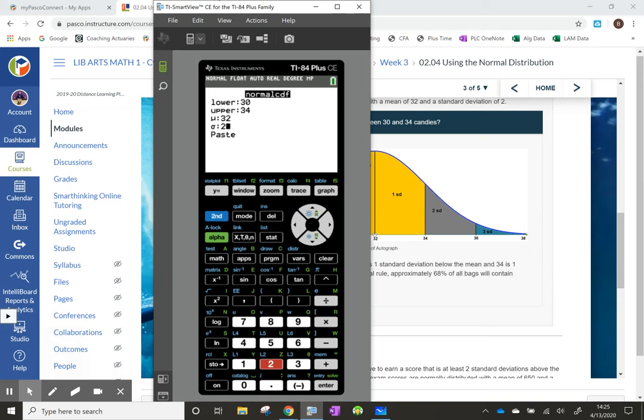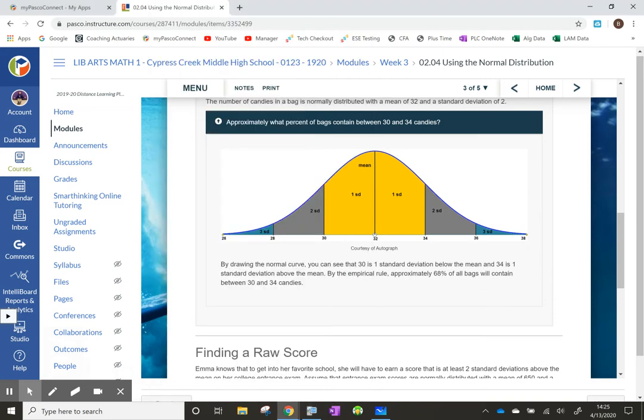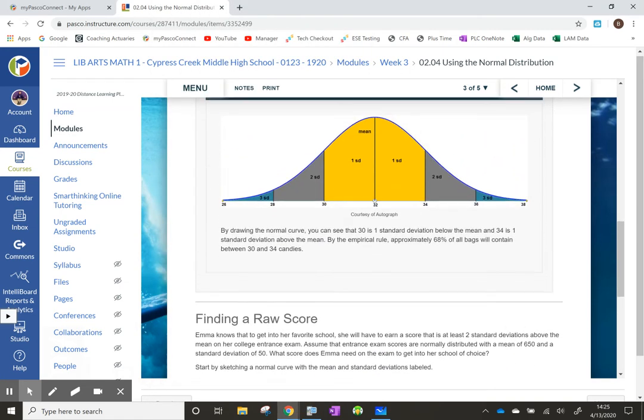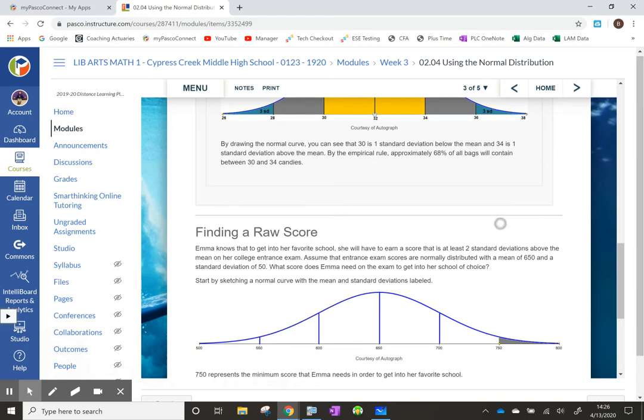It told us the mean was 32, the standard deviation was 2, the lower bound was 30, the upper bound was 34. And when I paste this, it'll be 0.68 something, right? There you go, 68% probability. The calculator verifies it. It's always the same, okay? But we don't even need the calculator because we already know the 68, 95, 99.7 rule. Keep that in mind.